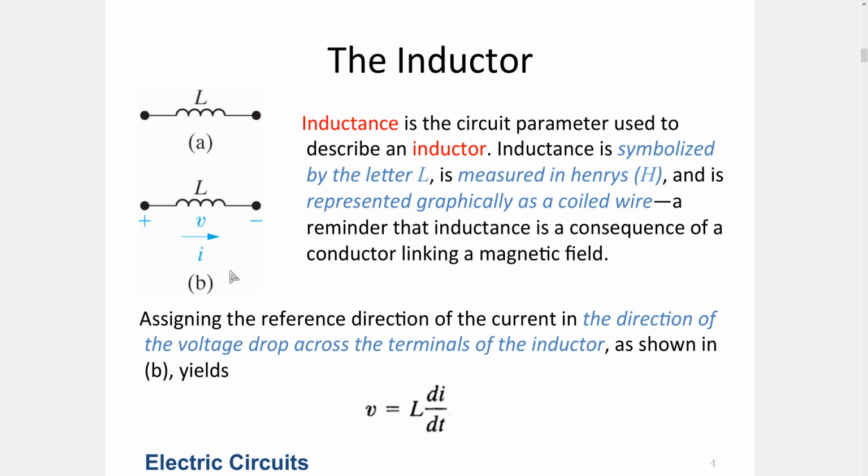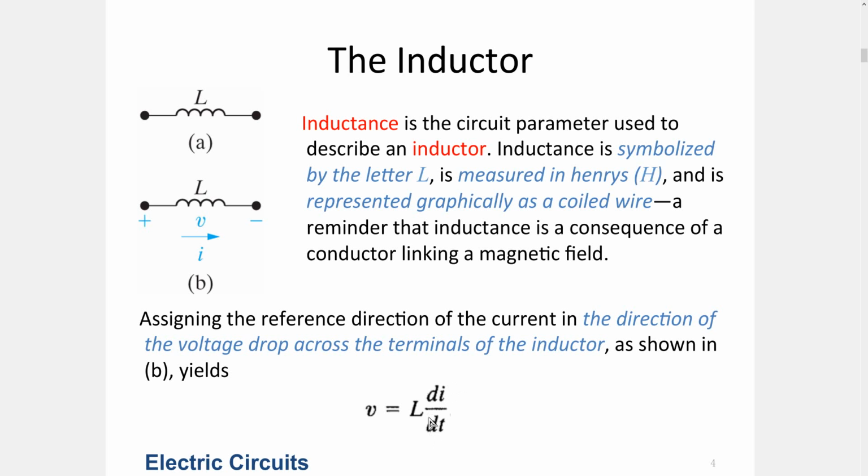So the second observation is that the change of current cannot happen in zero time. You can think of it like an inertia in the mechanical domain in physics. So in order for current to change, it needs some time.